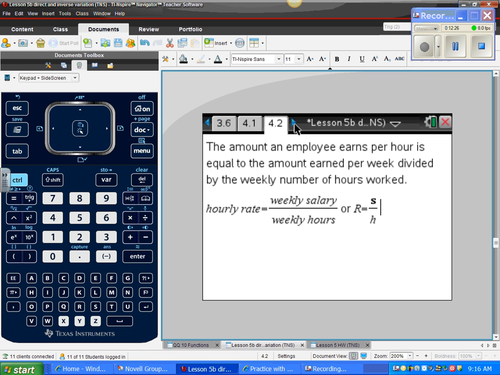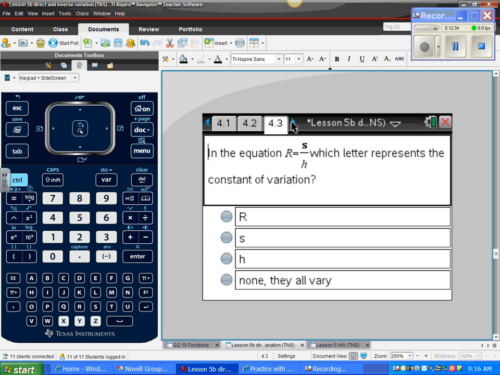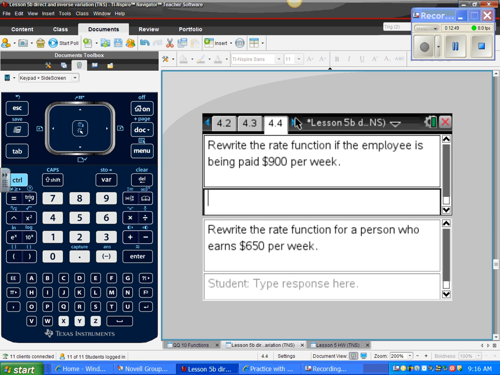All right, so we're dealing with the equation R, meaning rate, equals S over H, salary over number of hours. In the equation R equals S over H, which letter represents the constant of variation? S, right. My salary is not going to change, so that's my constant. Okay, so I want you to rewrite the rate function if the employee is being paid $900 per week.